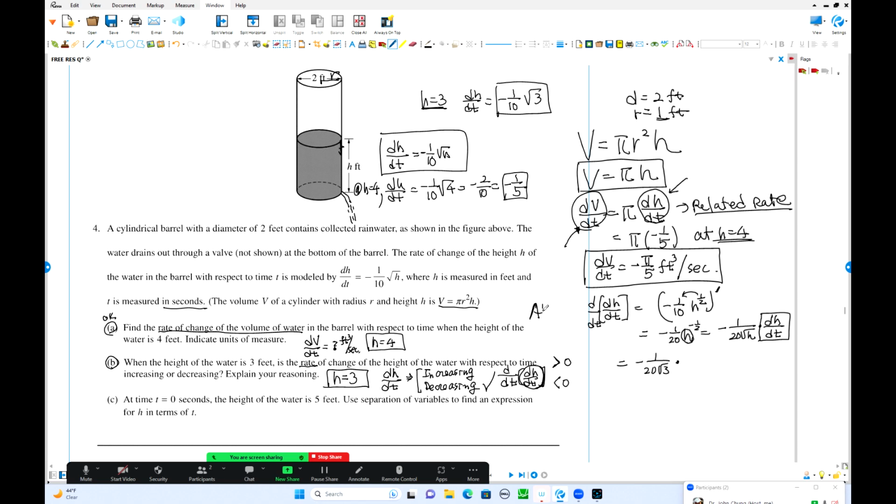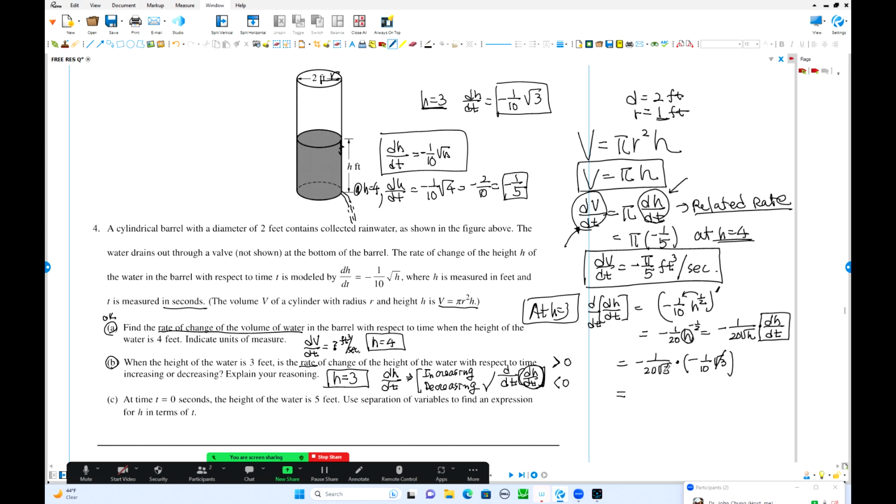So at h equals 3, dh/dt is negative 1 over 10 square root 3. That was a big mistake, but now I corrected it. Negative times negative is positive: 20 times 10 is 200 times square root 3.